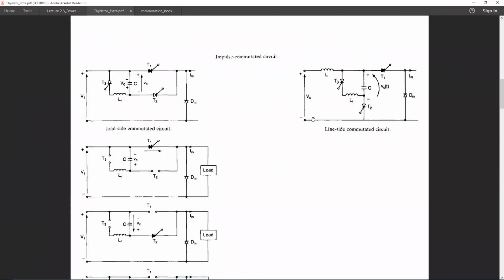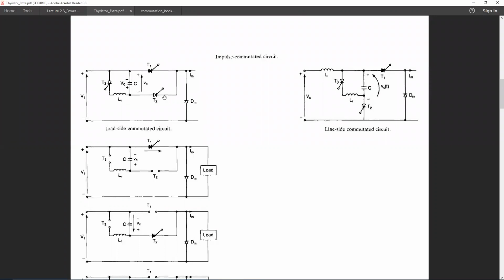In case of a line side commutated circuit, we can rearrange the same circuit in such a way that the charging or discharging of this capacitor isn't happening through the load.